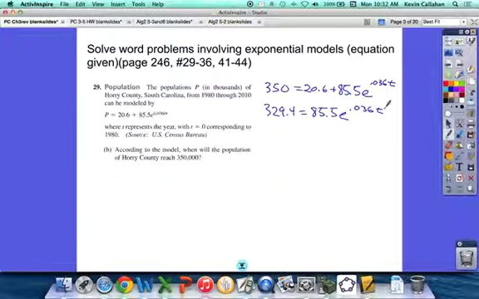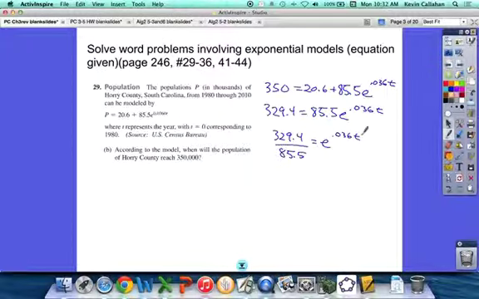Divide both sides by 85.5. 329.4 divided by 85.5. Again, I'm not going to simplify that. I'm just going to leave it. One last step, I'll plug in and get everything. Equals e to the 0.036t. Take the log of both sides.